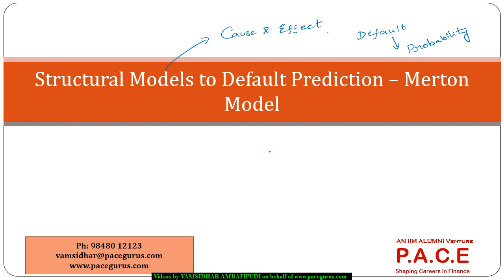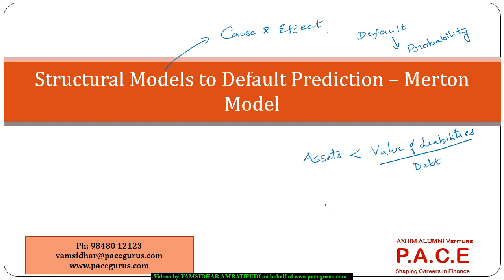Let's try to look at one simple company. From a company's perspective, default means that the total value of their assets is lesser than the total value of the liabilities that they are supposed to pay, which is nothing but their debt.